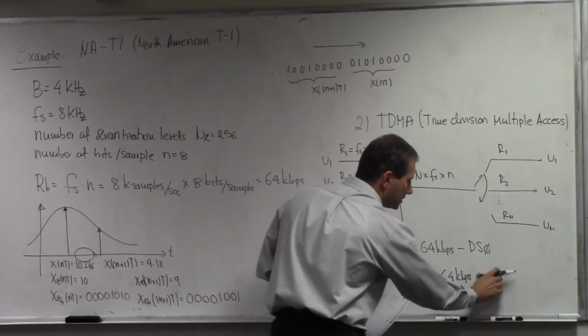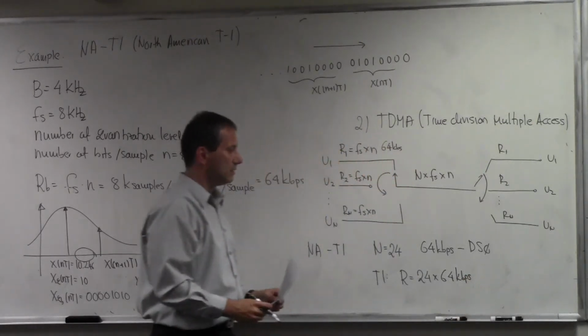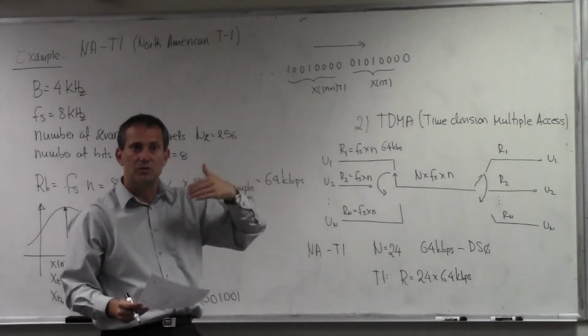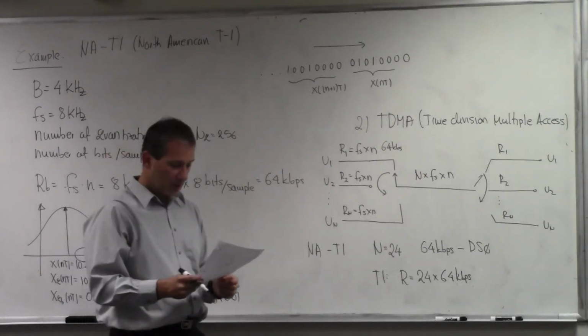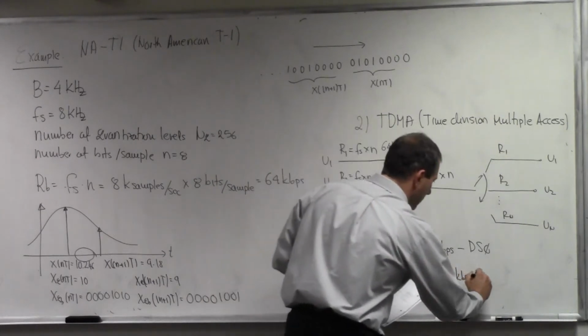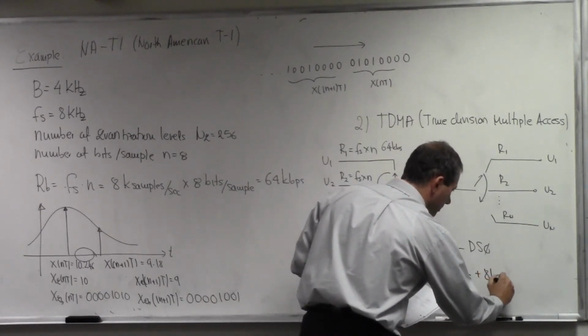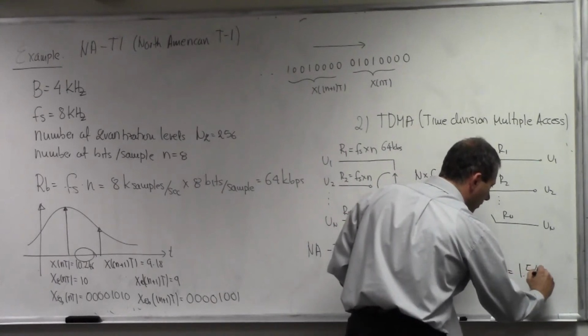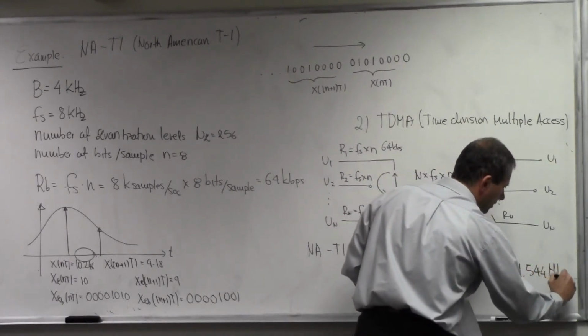And then we add an auxiliary channel that we use for signaling, that is not carrying user data but is just used as signaling for the communication system. This one is 8 kilobits per second. And this gives us 1.544 megabits per second.